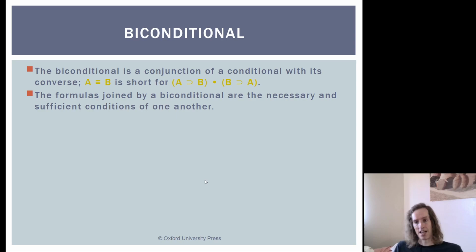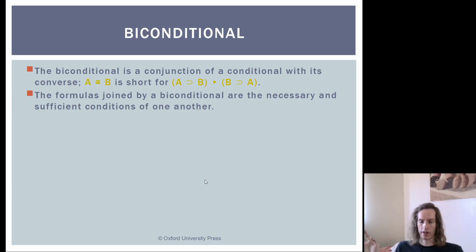I can say if A then B, and if B then A, or A only if B. So if I want to have a biconditional, which is just going to be, in this case, A if and only if B, this means that I have both of these conditional statements together. If A then B, and if B then A.